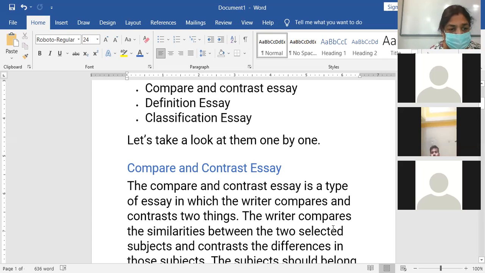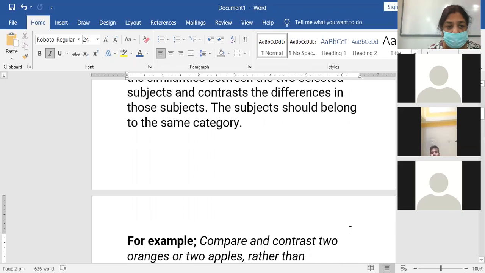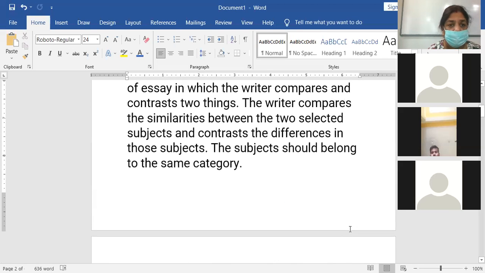The writer compares the similarities between the two selected subjects and contrasts the differences in those subjects. So here you have to select a topic which you have to discuss. The subject should belong to the same category.